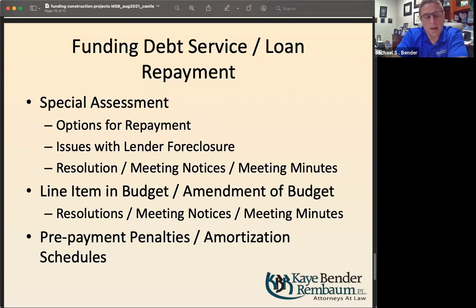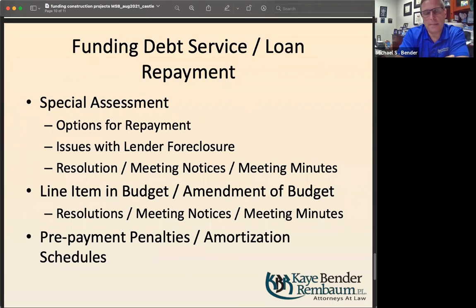And what that means is if you're borrowing at some point mid-year, and you don't want to wait until the new budget to add a line item, you could do an amended budget, and that process would follow the same way you approved your original budget, where you'd send out a 14-day notice to the membership, mailed along with a copy of the proposed amended budget.